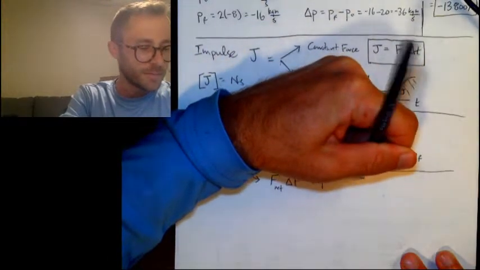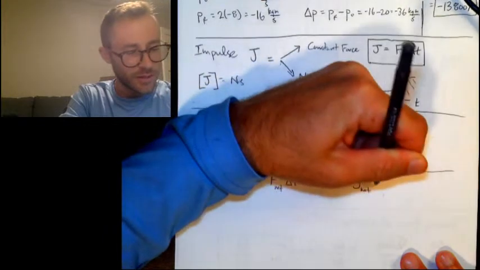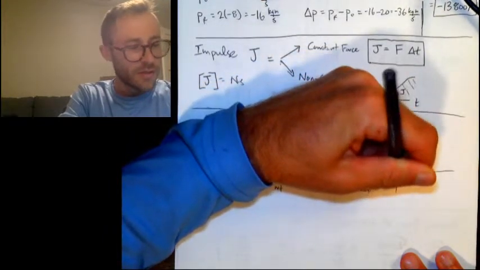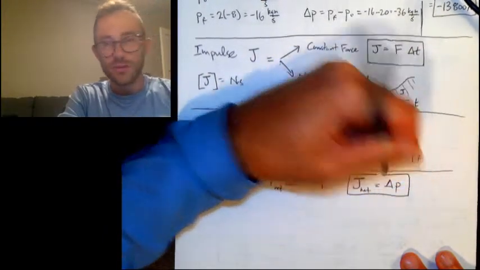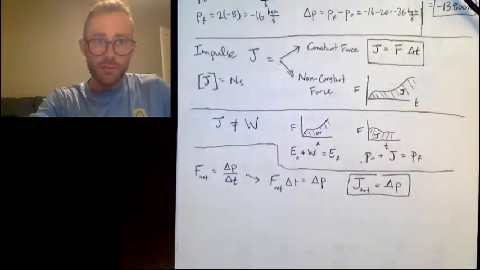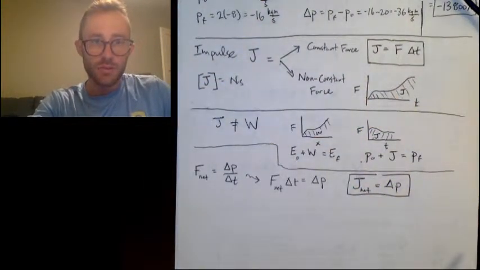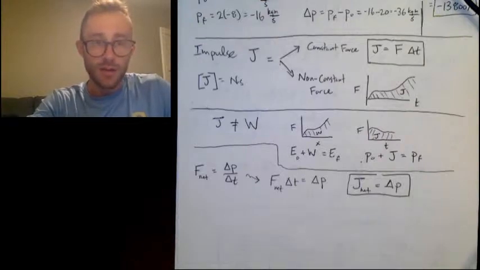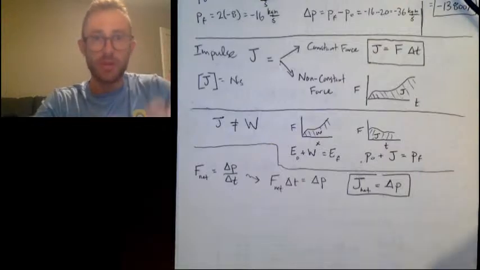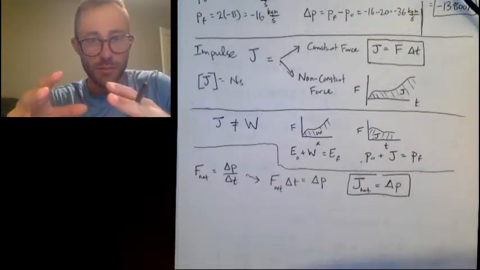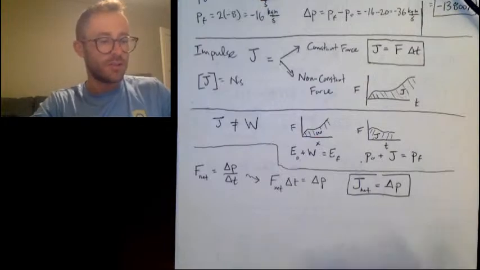This is kind of an important point. The impulse due to the net force is equal to the change in momentum of the object. Not just one of the forces, but the impulse due to all the forces combined is the change in momentum.